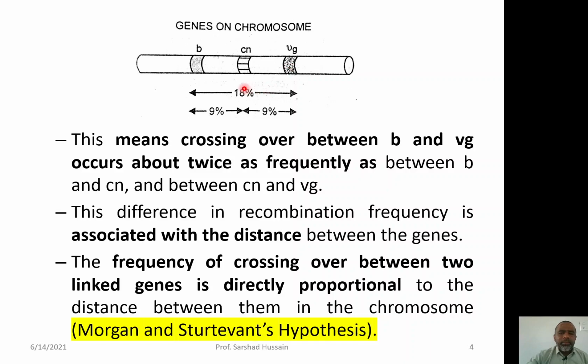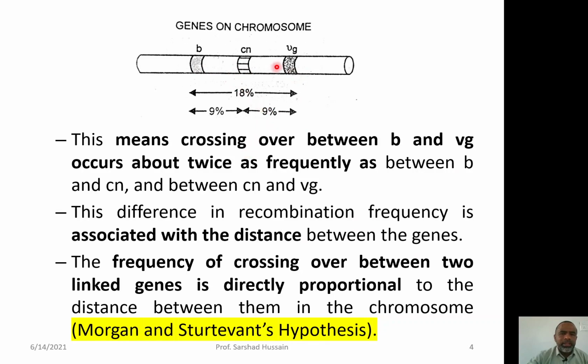This difference in recombination frequency between the genes is associated with the distance between the genes. You can see that since B and Vg are far apart from one another, they have more recombination frequency as compared to Cn and B, or Cn and Vg.